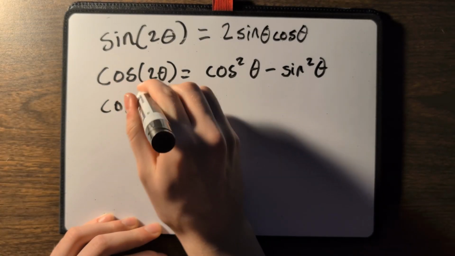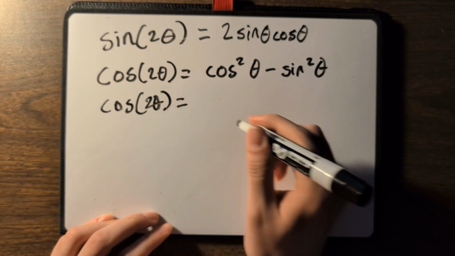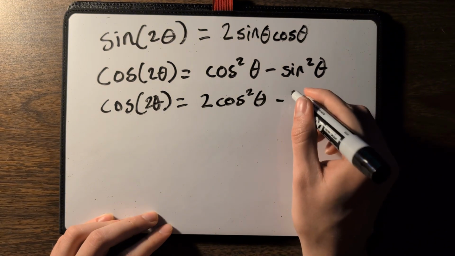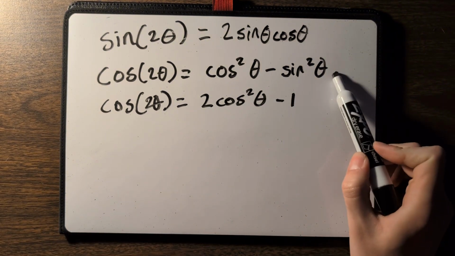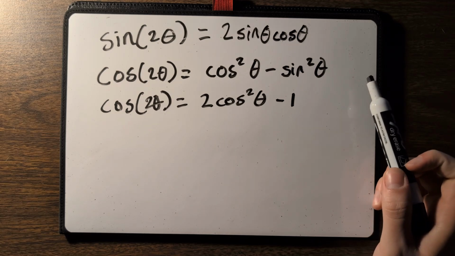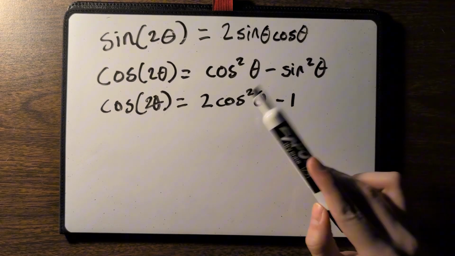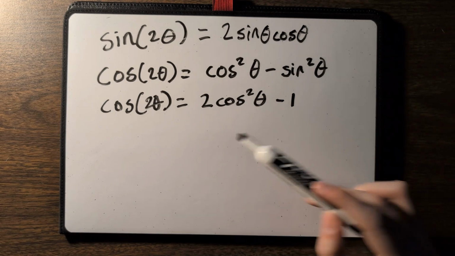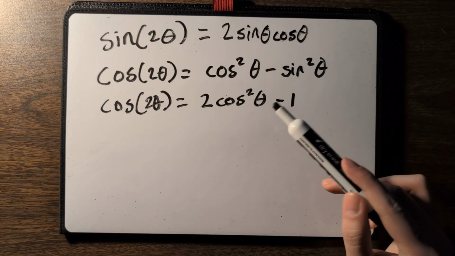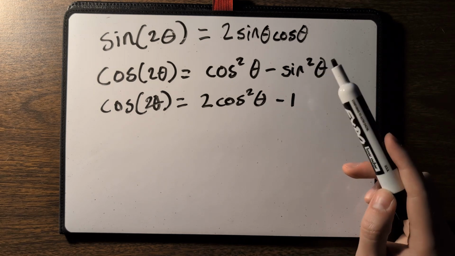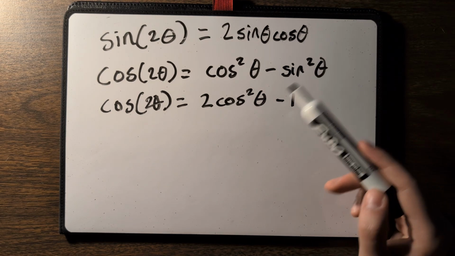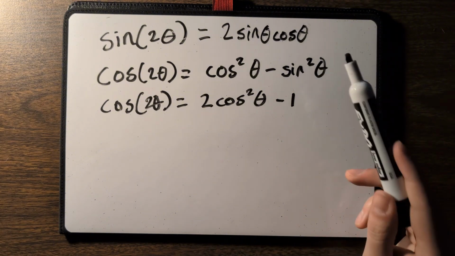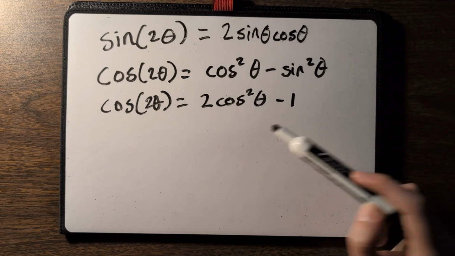This cosine 2 theta also, if you rearrange it, equals 2 cosine squared theta minus 1. From here to here kind of uses our Pythagorean identities of sine squared theta plus cosine squared theta equals 1. We can kind of rearrange some stuff, noting that sine squared theta is really 1 minus cosine squared theta. That's what that would be.